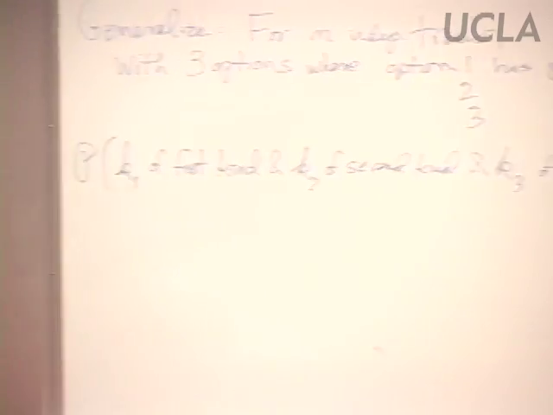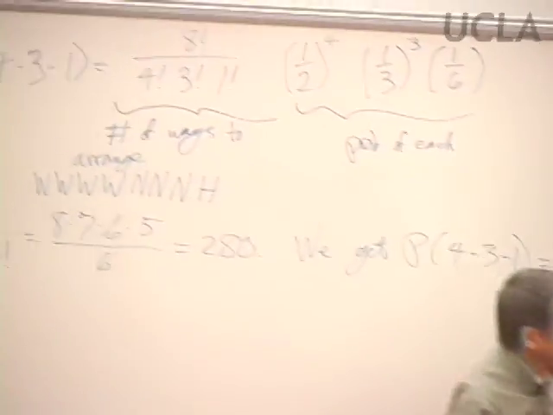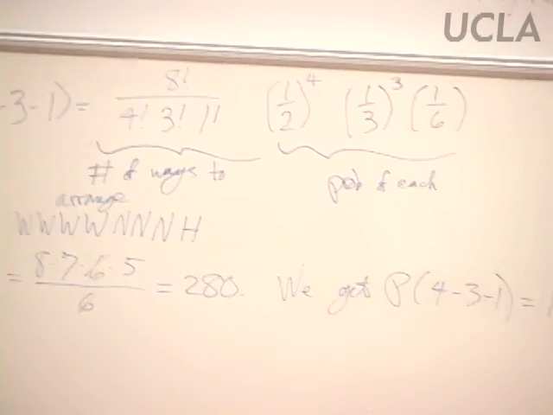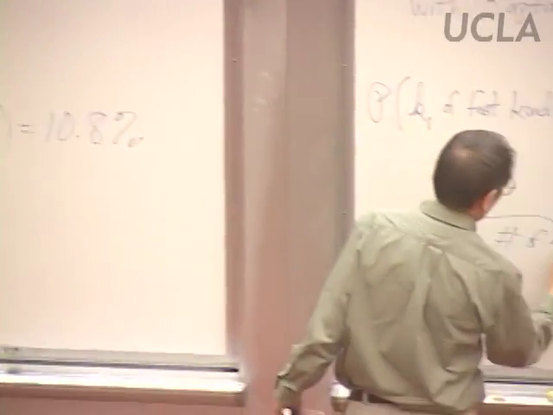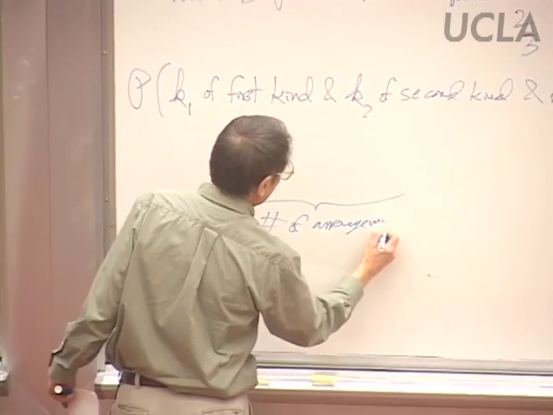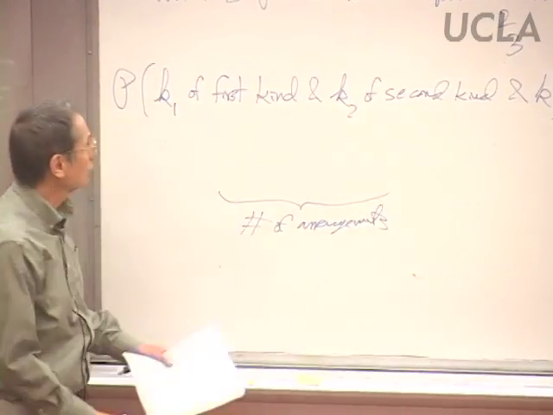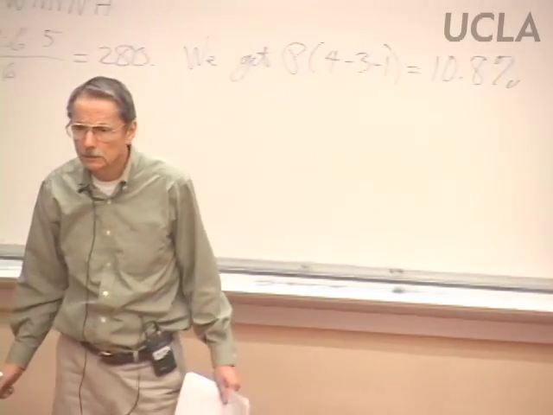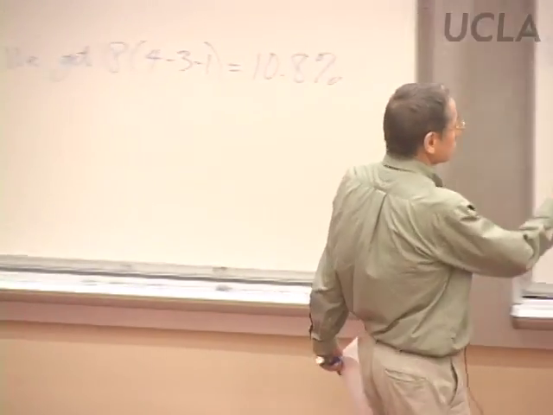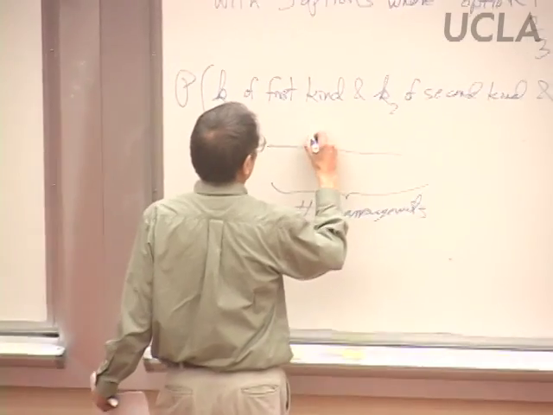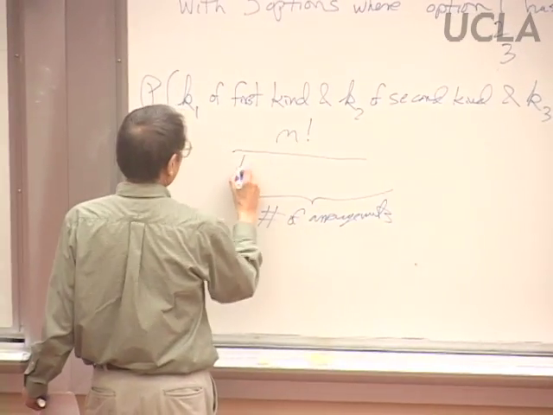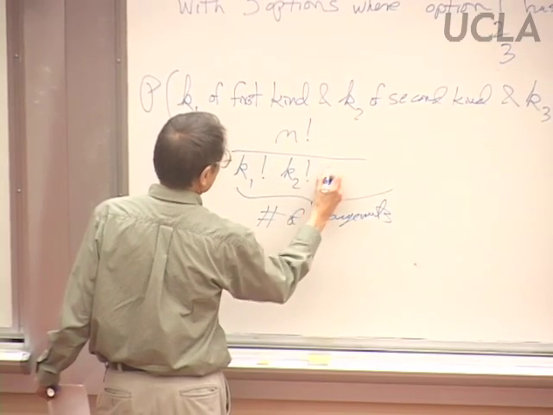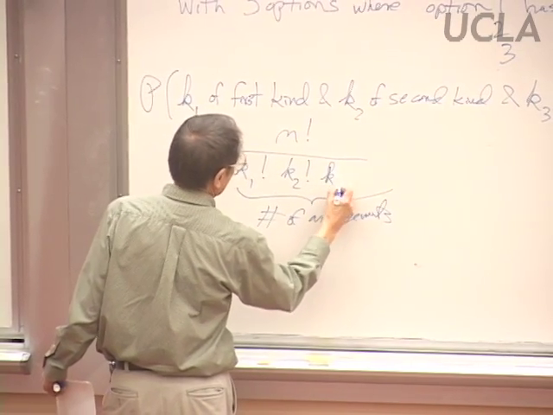Well, it's like this. We count the number of arrangements to find out how many outcomes have this K1, K2, K3 count. So we know how to do that from section 12.1.